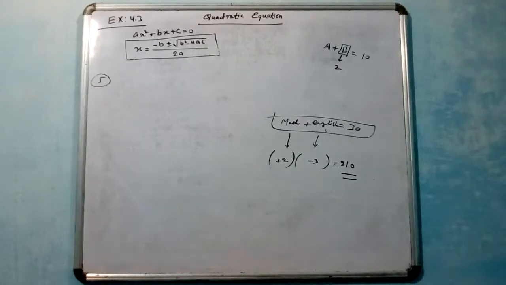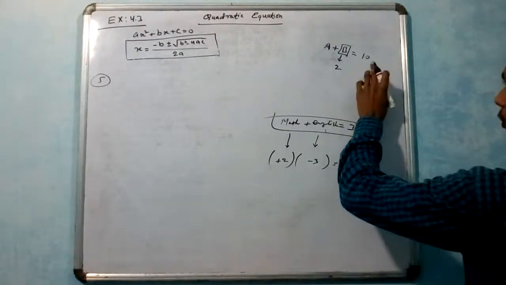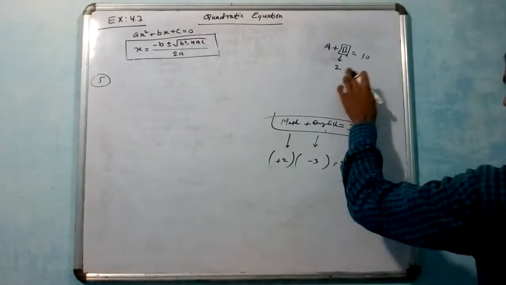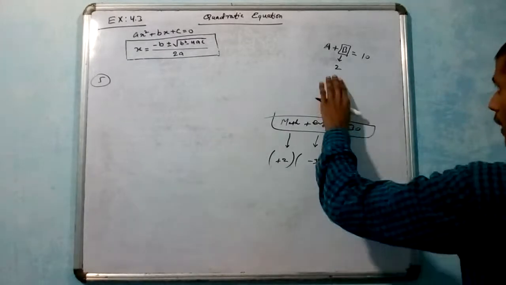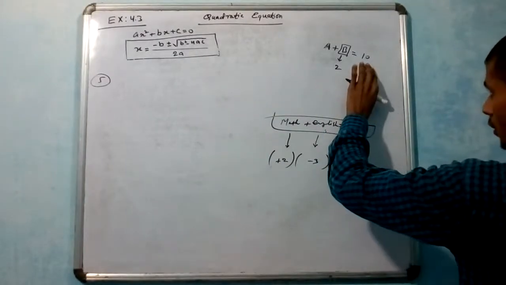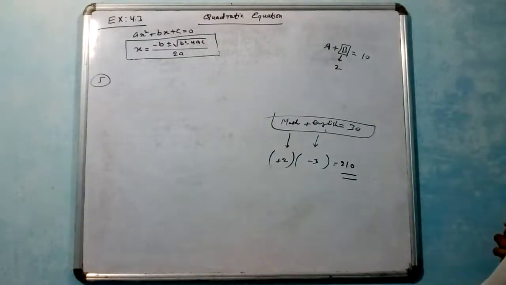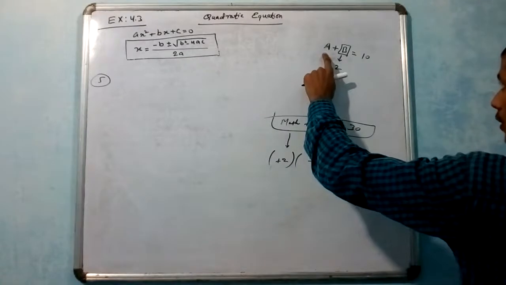Simple, 10 minus 2 I will do, I will get a, no? 10 minus b. If I know the b value, I subtract b from the total, I will get a. Understood? And if I know the a value, I subtract a from the total, I will get b.